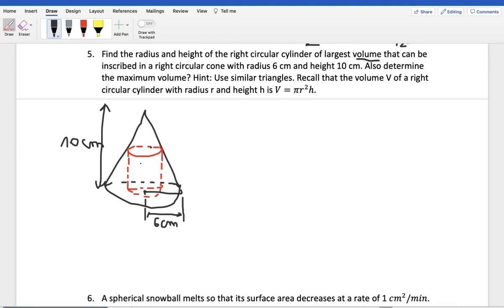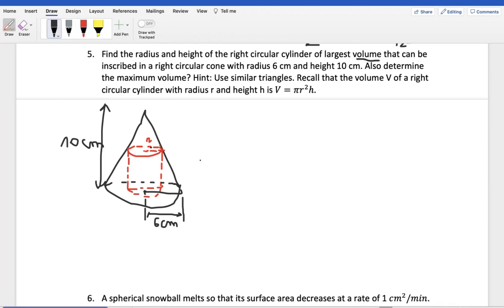But if you were to project this, if you can imagine the diagram that I just drew in 3D, and you were to represent it in 2D, you would have something like this. So if you can imagine that the radius of the cylinder inside the cone is, let's call it R, right? So this distance here is R.